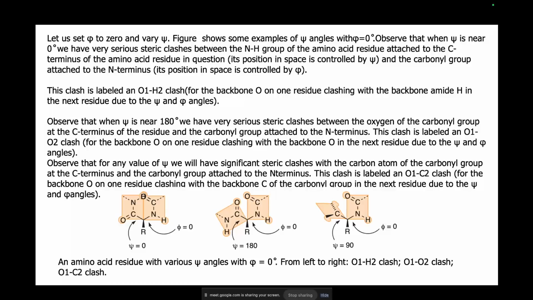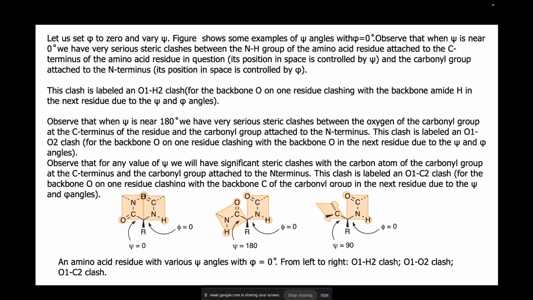Now if you take phi to be 0 and vary the other angle, which is the psi, you'll observe when psi is near 0, you have a very high steric clash. So in this case, psi and phi both are zeros, but you see the big groups are on top of one another, which is not very structurally stable, right?